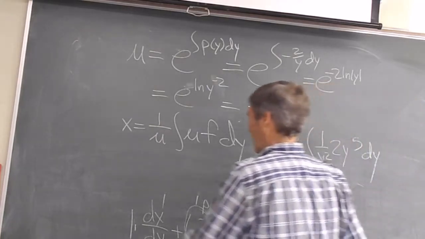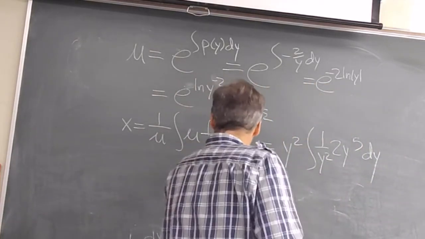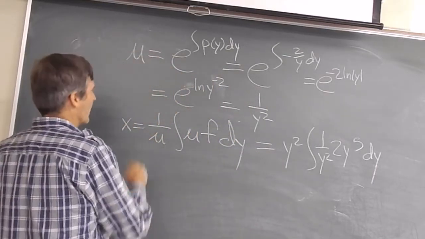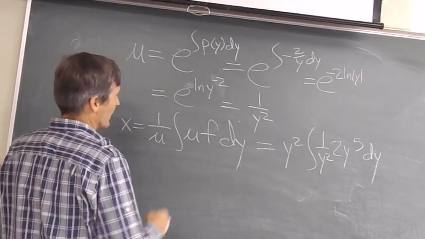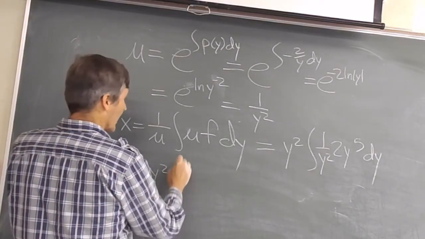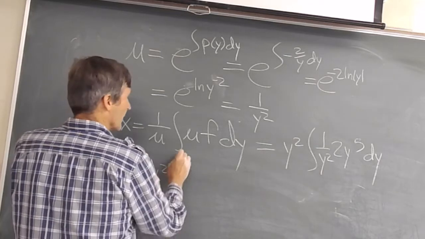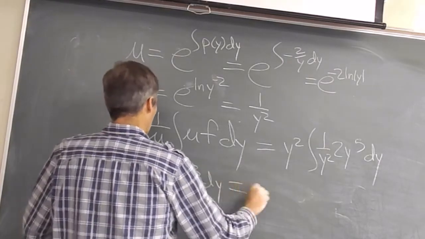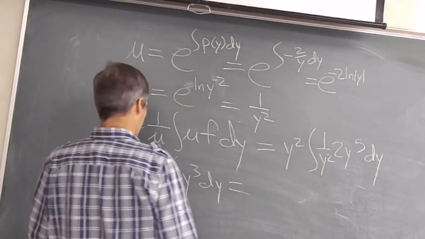And there's our general solution to this linear differential equation for x as a function of y. We've got y squared times twice the integral of y cubed dy. Well, the integral of y cubed is y to the 4th over 4.